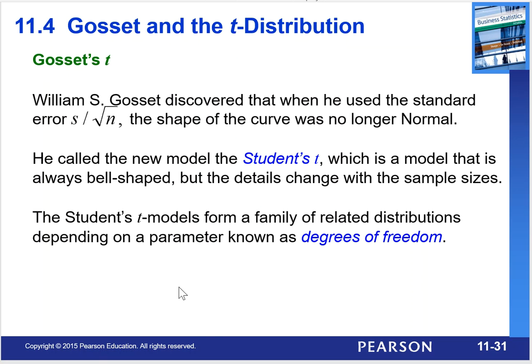So it's slightly different from the normal distribution, but accounts for this difference in spread. And the Student t model looks different depending on a different parameter called the degrees of freedom. The degrees of freedom is related to the sample size. So keep in mind the t-distribution looks different depending on what sample size you're dealing with.